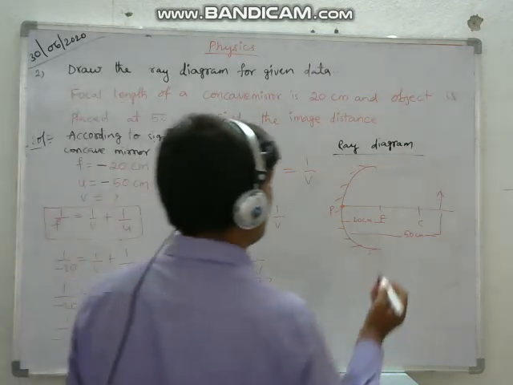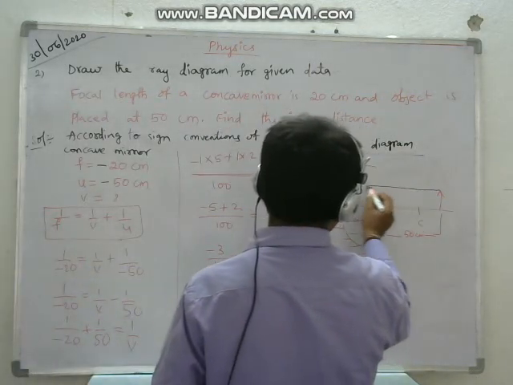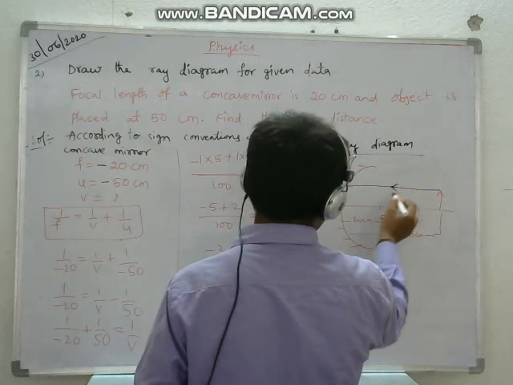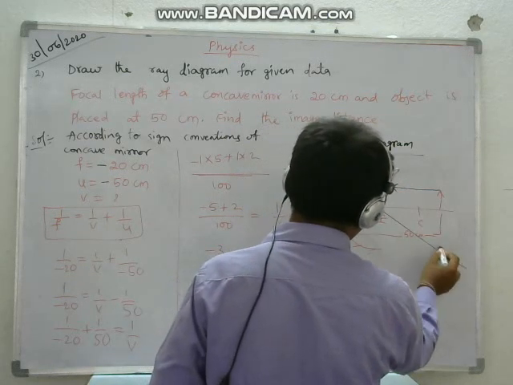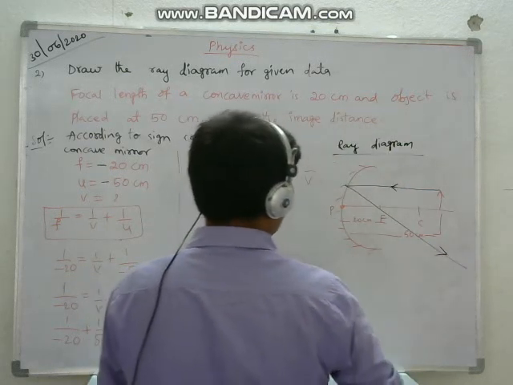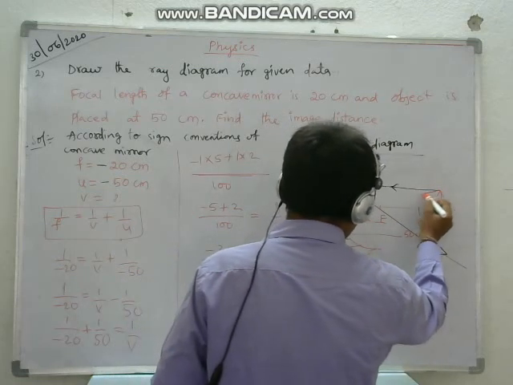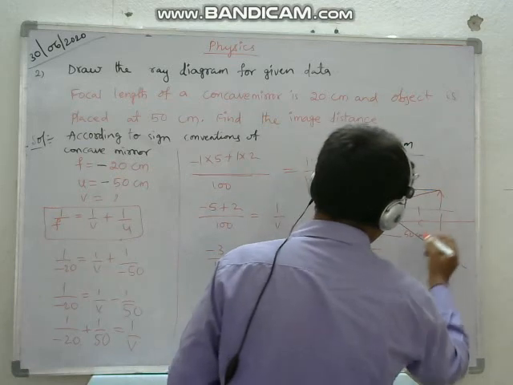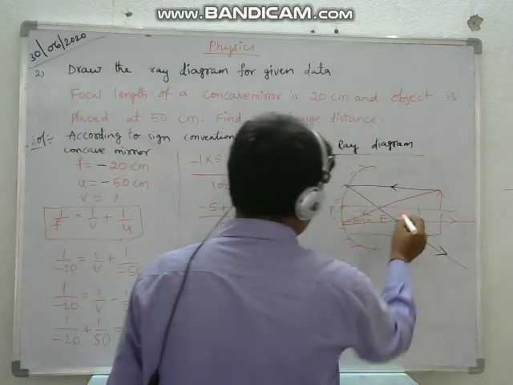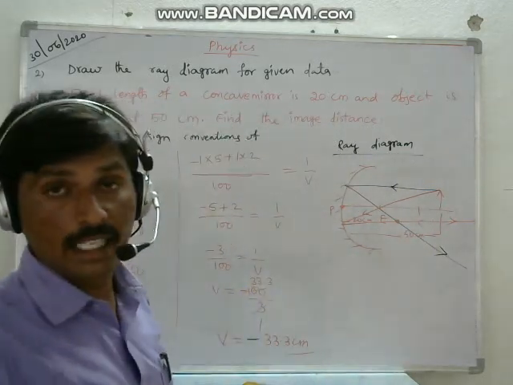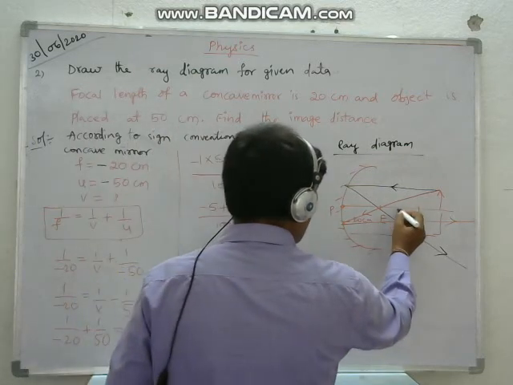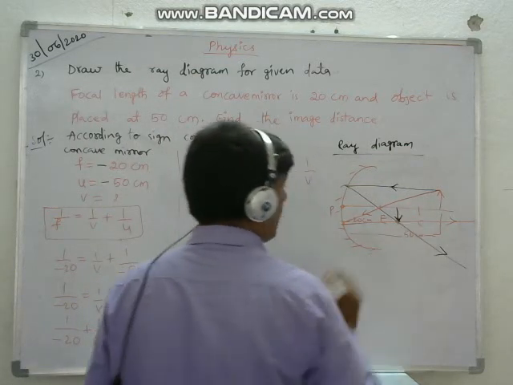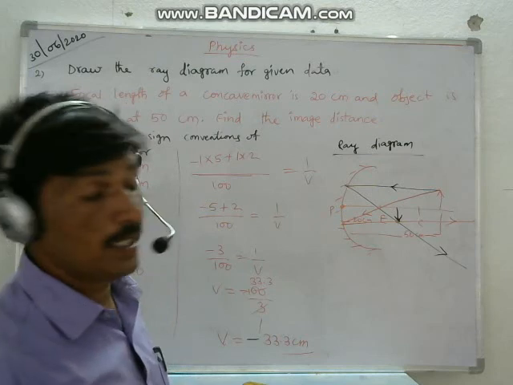Now we are going to draw the ray diagram for this. If the object is behind C, when a ray is parallel to the principal axis, it passes through the focus like this, and one more ray which passes through the focus gets parallel to the principal axis. Here the image is formed between F and C. Which type of image is it?